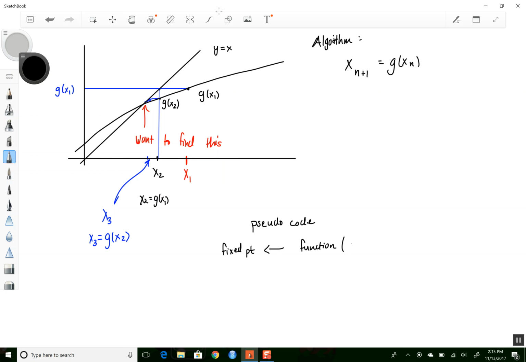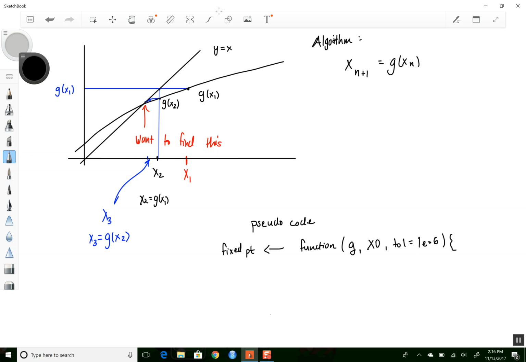It needs to be a function of g of x, and then we'll give it some options, such as the starting point, x0. And then we'll probably have a tolerance term that says this is the point where we've converged, right? Because we don't want to run forever, because technically we could run forever. At some point we've got to say, all right, we're going to stop. So we'll have a tolerance with a default value of, I don't know, 1e-6 or something. Okay, that's arbitrary.